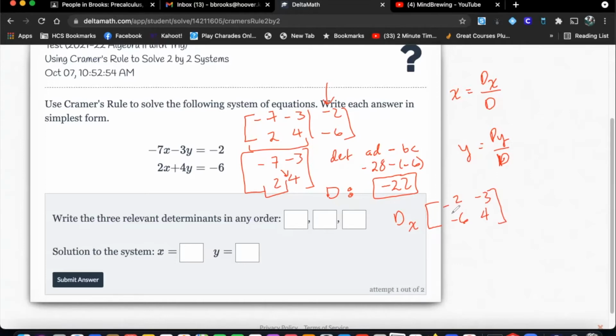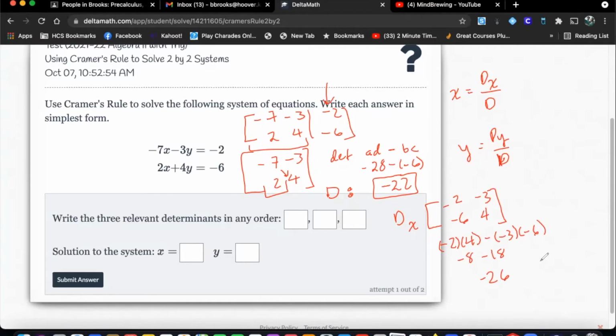And we are going to cross multiply. So we end up with -2 times 4 minus -3 times -6. So you end up with -8 minus 18. So -26.